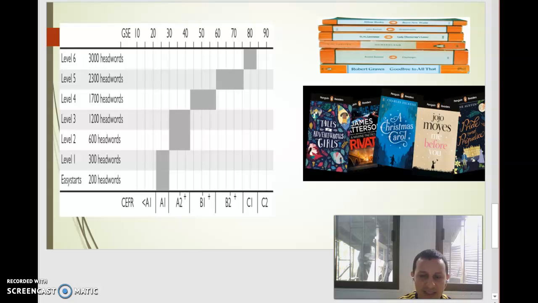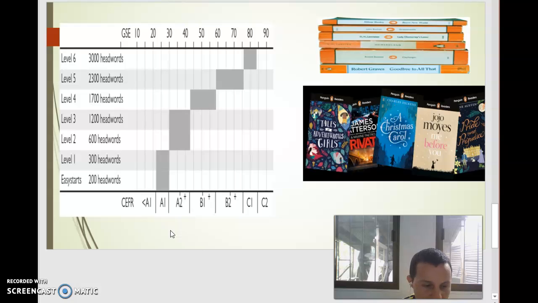Every assignment is with the four skills. This material is the Penguin Readers, which we find in almost all libraries. It's good reading because they have a lot of books with different levels according to the Common European Framework. In these books, they have some questions. It's good for study with the student.